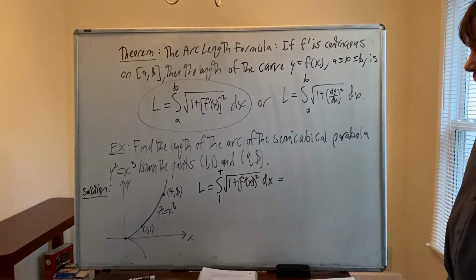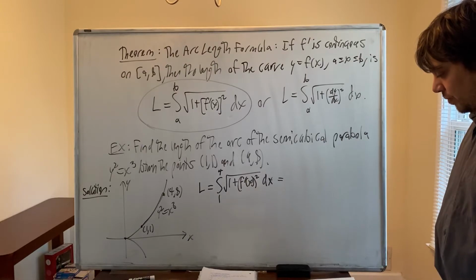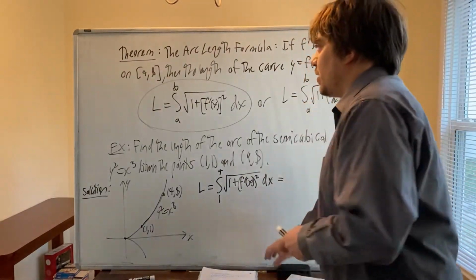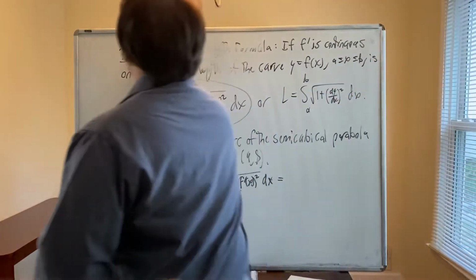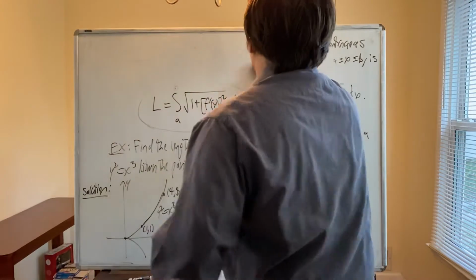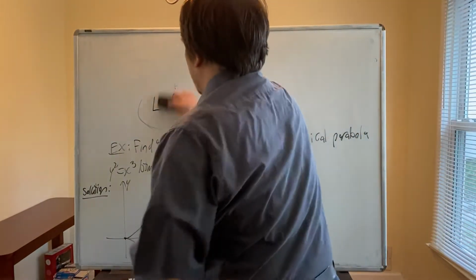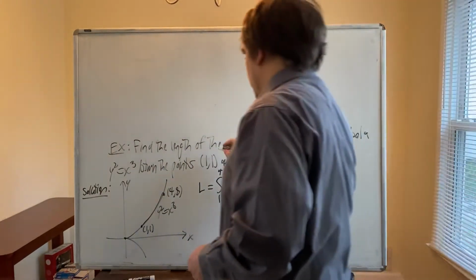Okay, and so let's find f prime of x. I'm going to erase the arc length formula theorem here. I have the equation, I wrote it down here. Our f prime is continuous in this example, it's continuous on that interval, so we can use this.